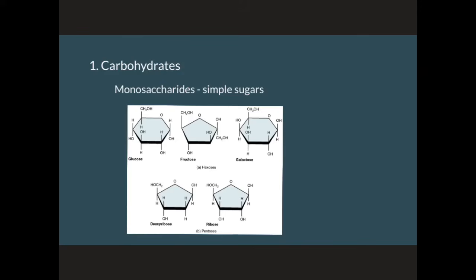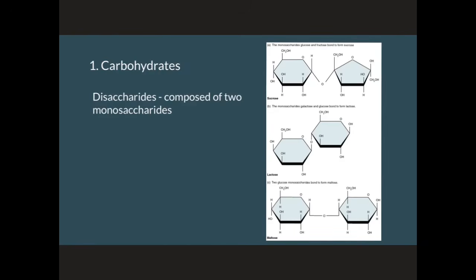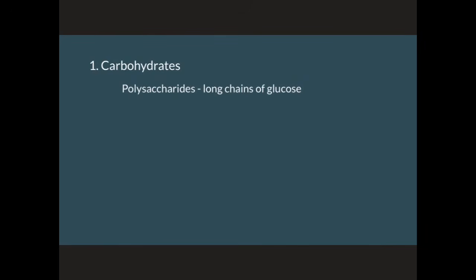Disaccharides are composed of 2 monosaccharides. They include sucrose, which is glucose plus fructose, lactose, which is glucose plus galactose, and maltose, which is glucose and glucose. And finally, polysaccharides are long chains of glucose. They include glycogen, starch, and cellulose.